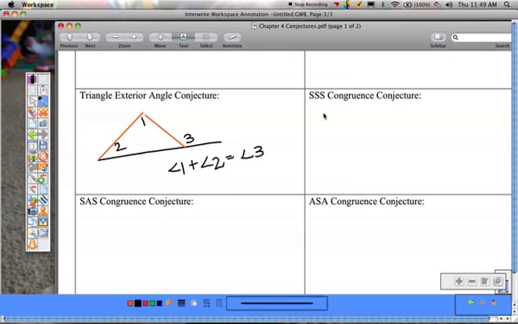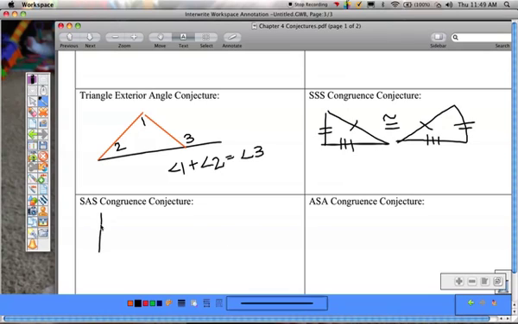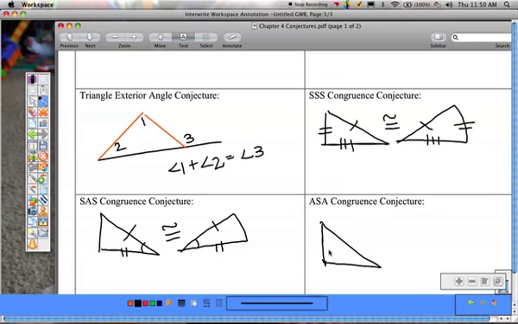Side, side, side conjecture just says if you have two triangles where you know the sides are congruent, then the triangles are congruent. Side angle side just means if you have two triangles with a side, an angle, and a side, that's congruent to another triangle, side angle side. These are congruent triangles. Angle side angle just says if we have an angle, a side, and an angle, congruent to an angle, a side, and an angle, these are congruent triangles.